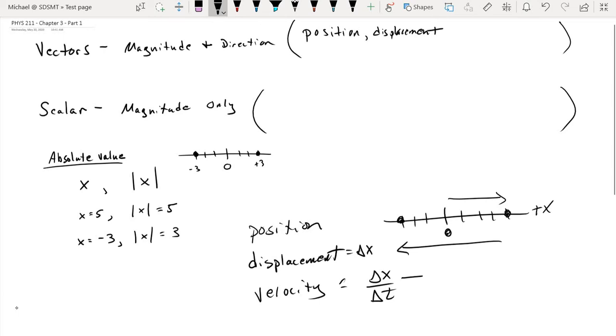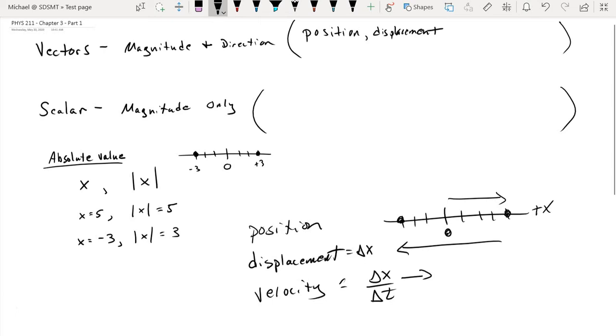And the answer is yes, because our displacement is a vector, but our time, well, if you think about measuring time, does time require a physical direction to be paired with the numerical measurement?